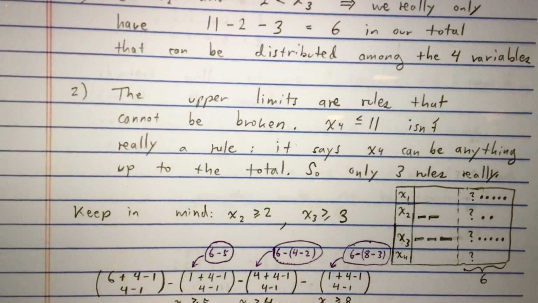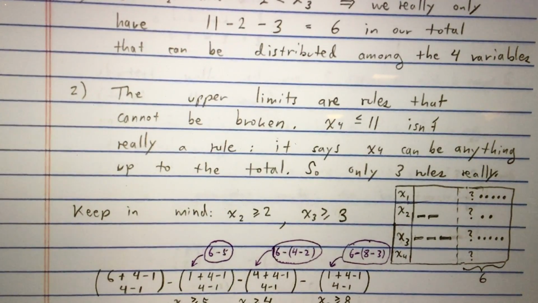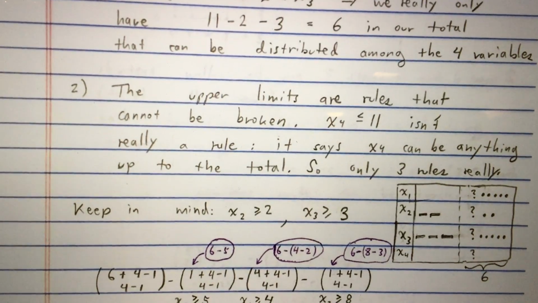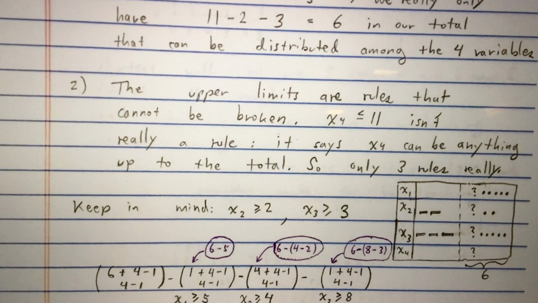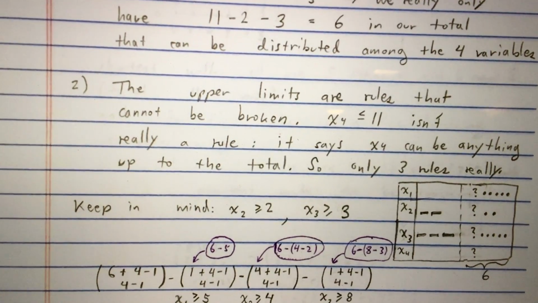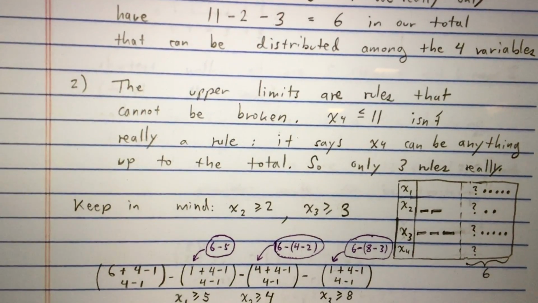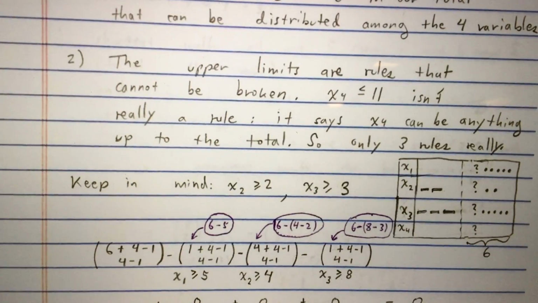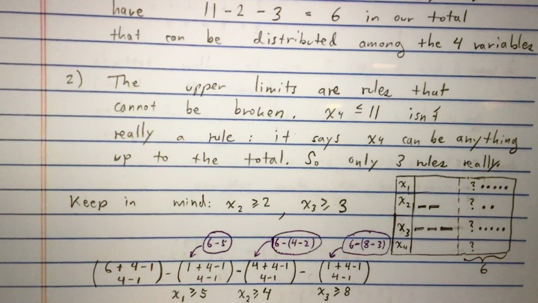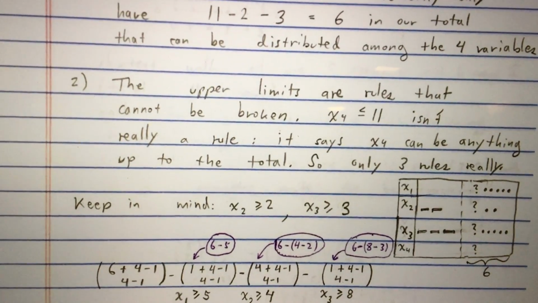And then x3 can't be greater than or equal to 8. So there's already 3 pre-allocated, and so I put 5 more dots to show what would break the rule. And then I wrote it down here on the left as well. And this is the answer to the problem, starting out answering it.